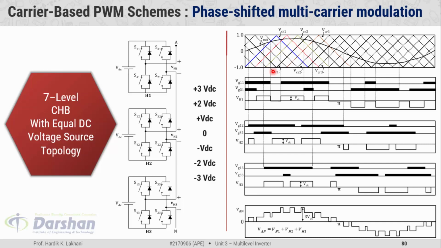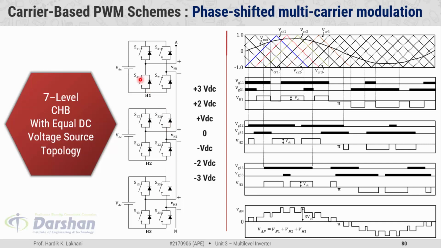The other 3 carriers VCR1 minus, VCR2 minus and VCR3 minus, which are 180 degrees apart with respect to VCR1, VCR2 and VCR3 respectively, produce the gatings for the upper switches S31, S32 and S33 in the right side leg of bridge 1, bridge 2 and bridge 3 respectively.